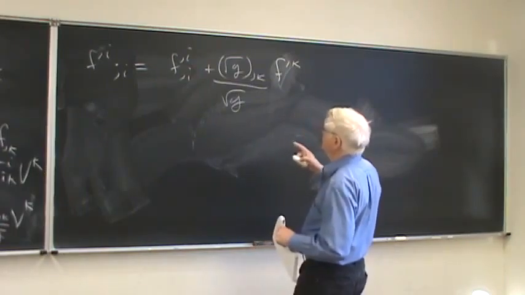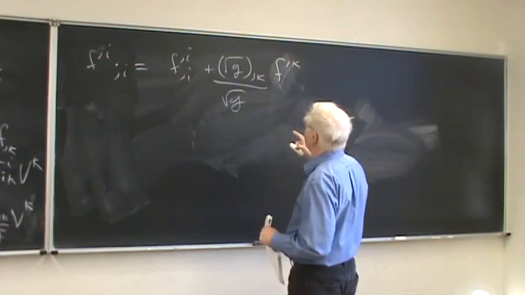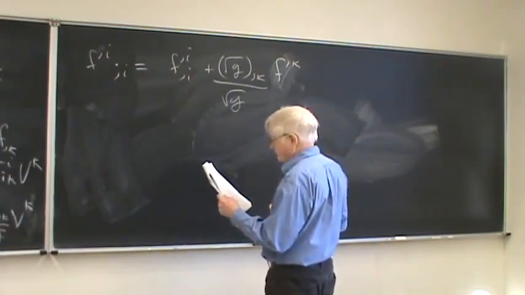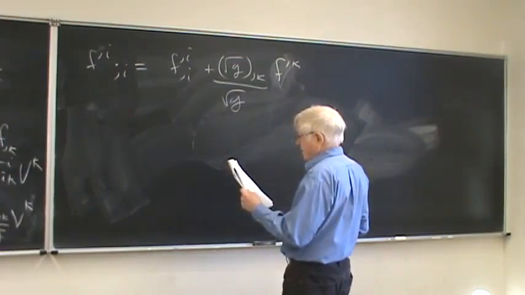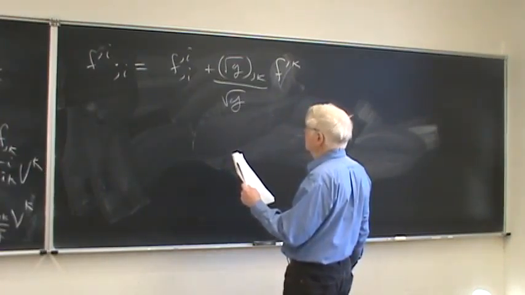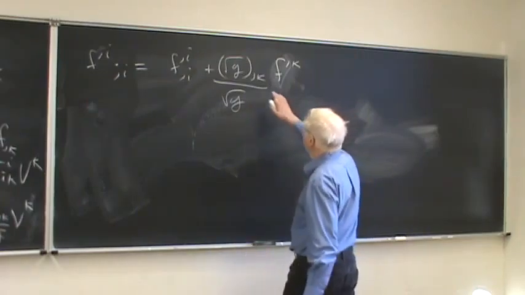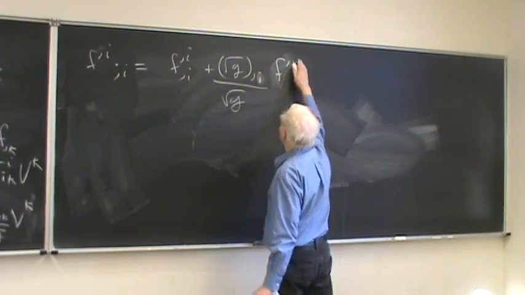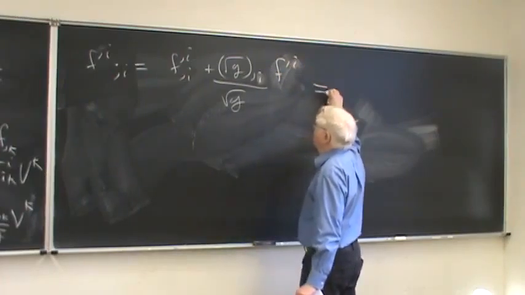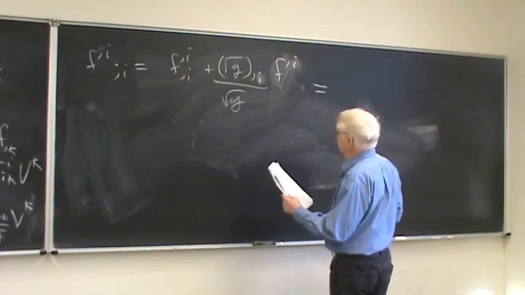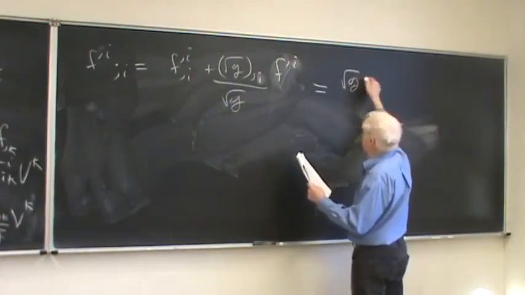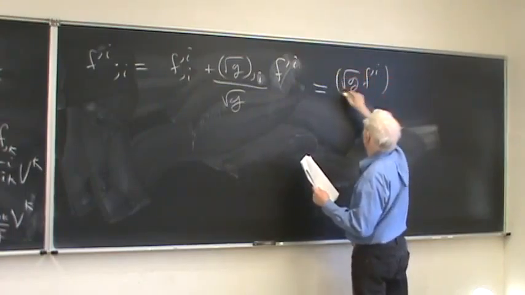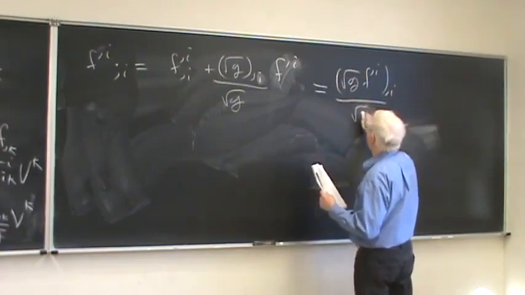Okay, on the other hand, this f upper comma k, upper comma i, all right, well, you've got this index repeated here, we could just as well make it i. And now what we can say is that this thing is square root of g f comma i over square root of g.